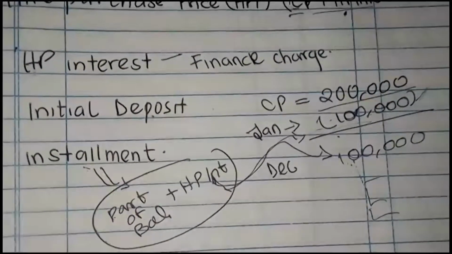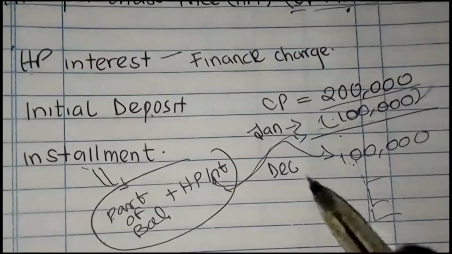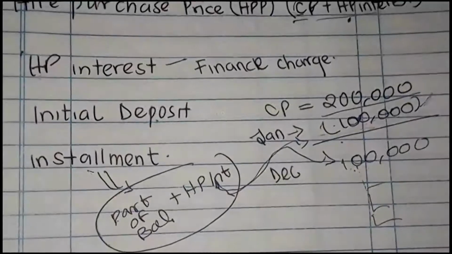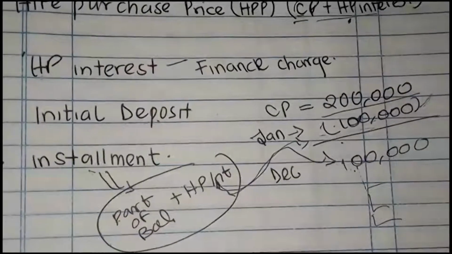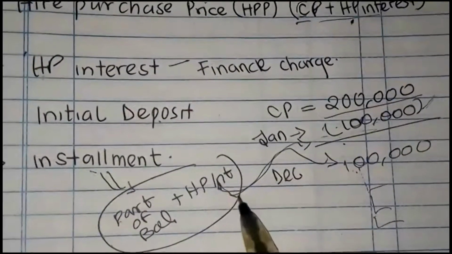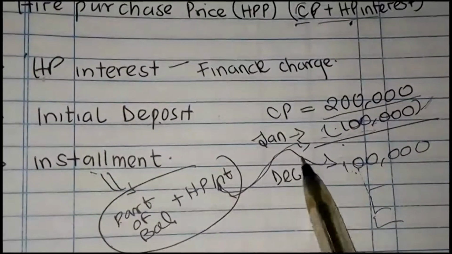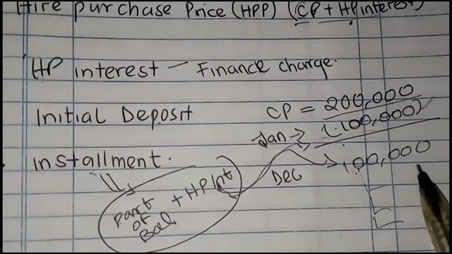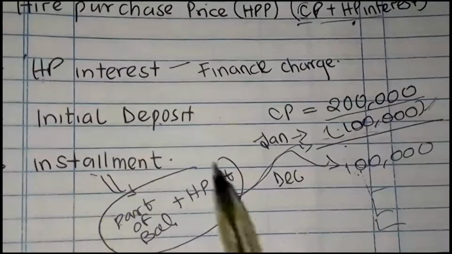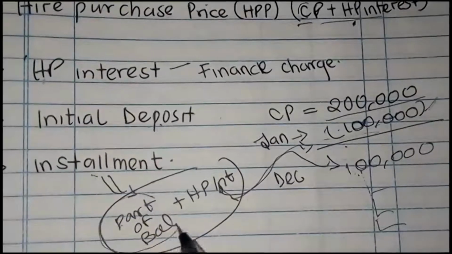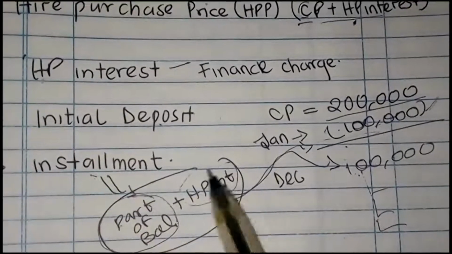Take notes. We are going to demonstrate that later. I'm going to show you later how to calculate the hire purchase interest. But take note, it is normally calculated on the outstanding balance. So the installment contains part of the balance and hire purchase interest.